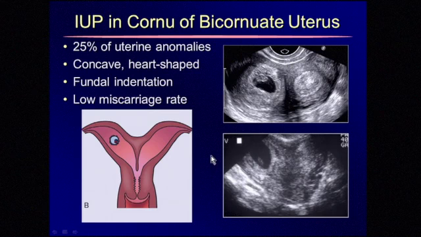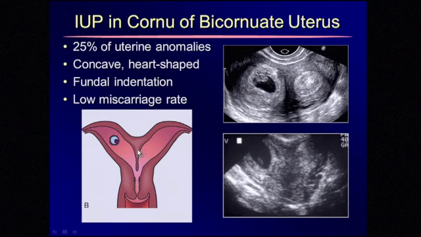Now, the last cornual type is when we have a pregnancy in the horn of a bicornuate uterus. That is less common. It occurs in 25% of uterine anomalies, the bicornuate uterus, and it causes a concave heart-shaped contour on the coronal views of the uterus.